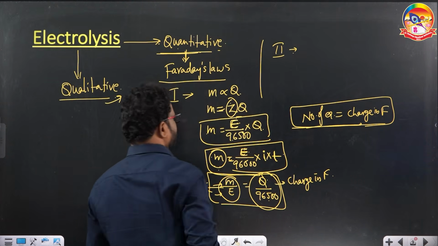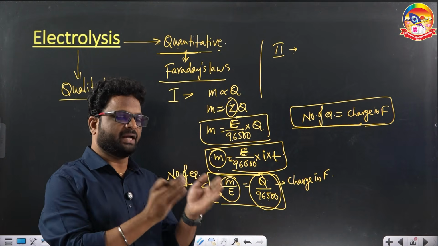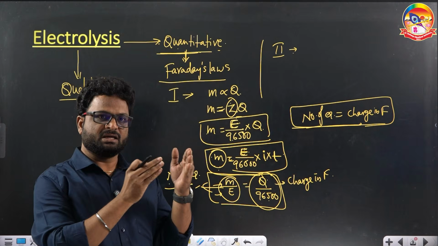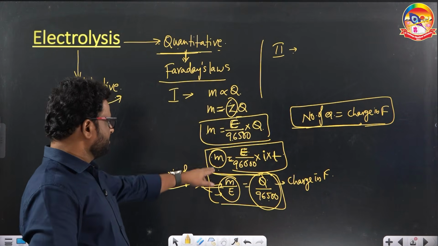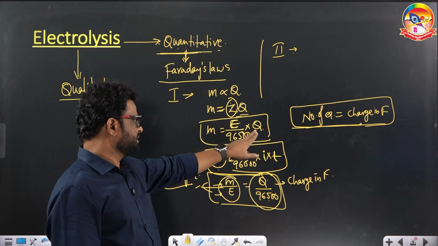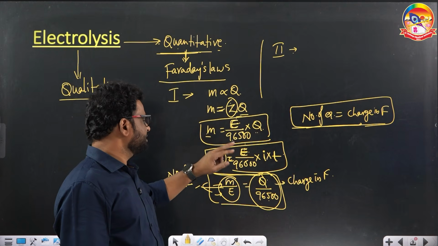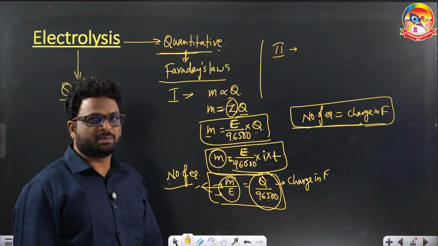According to Faraday's second law, when the same amount of charge is passed through different electrolytes, the ratio of masses of substances deposited is in the ratio of their equivalent masses. Look at this: same charge passed through different electrolytes, the ratio of masses of substance deposited is equal to the ratio of equivalent masses.